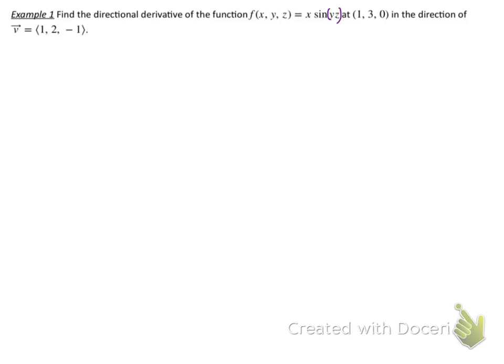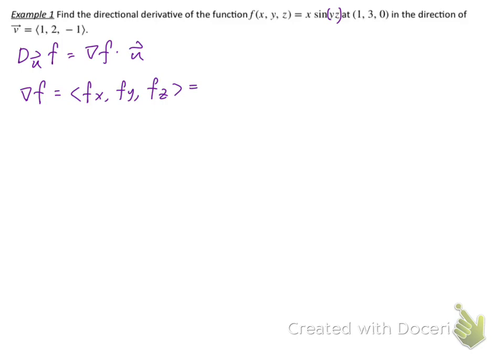Of course, we are going to use the fact that the directional derivative in the unit direction u of f at whatever point equals del f dot u. That's the formula. So we need to first find del f for a general form, that is partial f partial x, partial f partial y, partial f partial z.